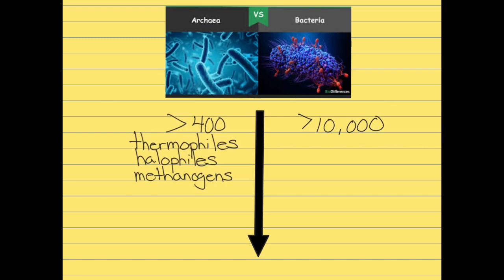Some examples of Archaea are thermophiles that live in very hot, steamy environments, halophiles, which live in extremely salty environments, and methanogens that can live in methane type of environments. All of these would be dangerous to other organisms. Examples of bacteria are E. coli and Salmonella, two types of food poisoning that you can get from bacteria, and probiotics that contain good bacteria for you.